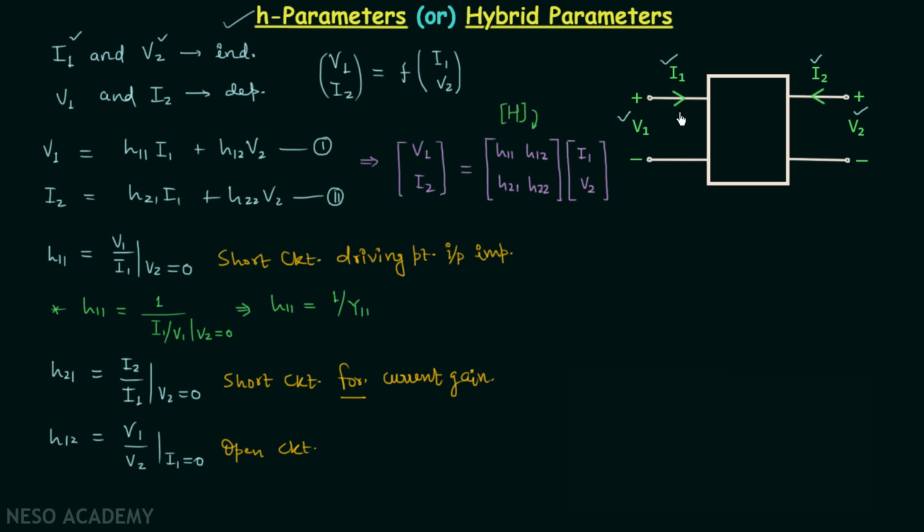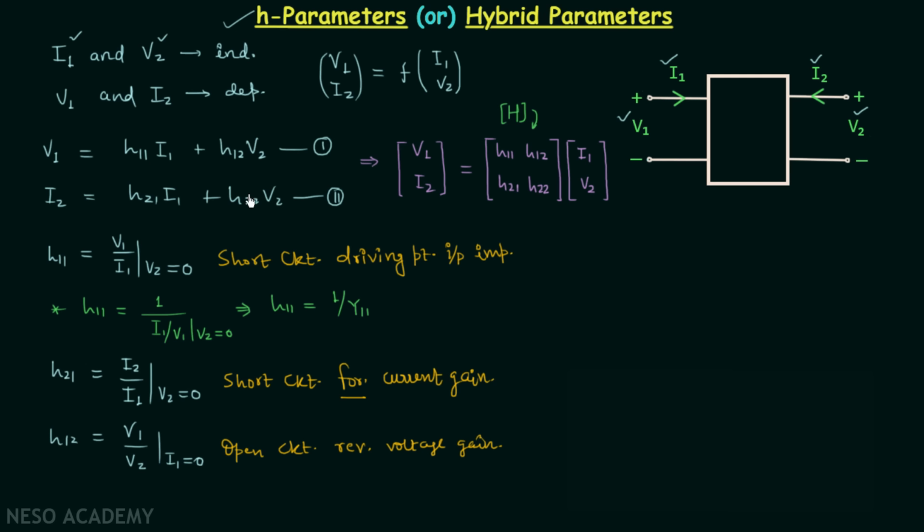This means the input port is open circuited, and it is equal to V1 divided by V2. This means voltage at the input port divided by the voltage at the output port. So we will write reverse voltage gain.